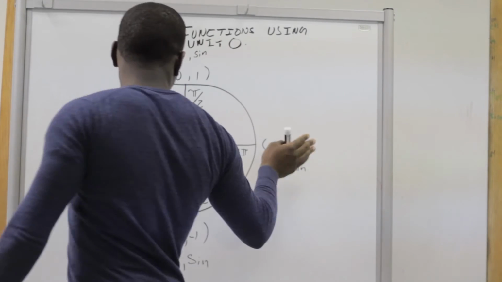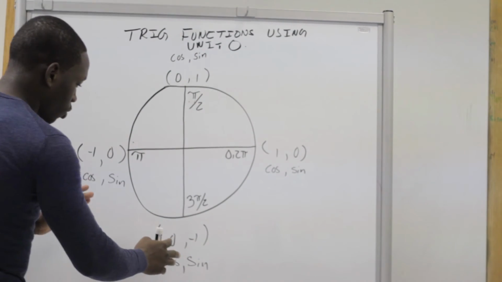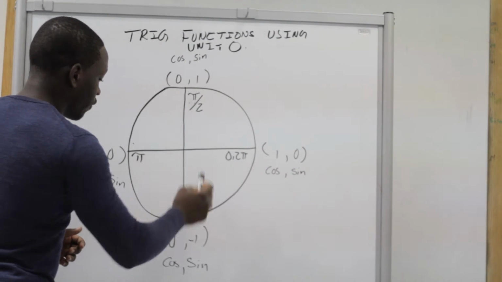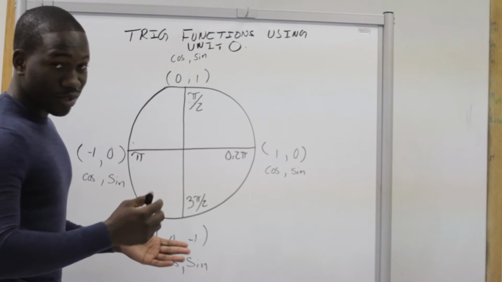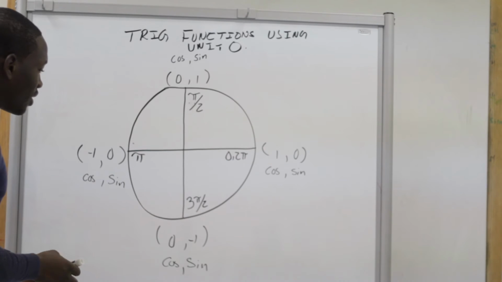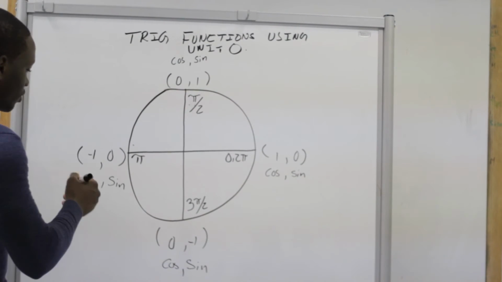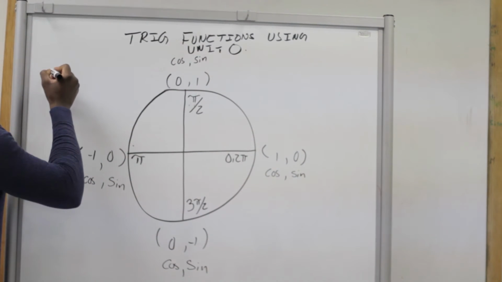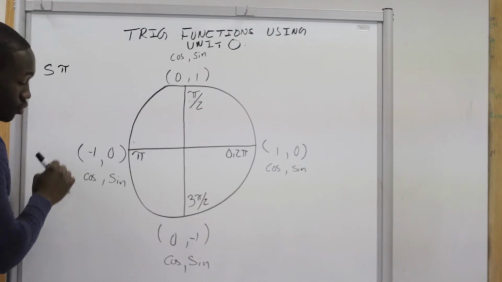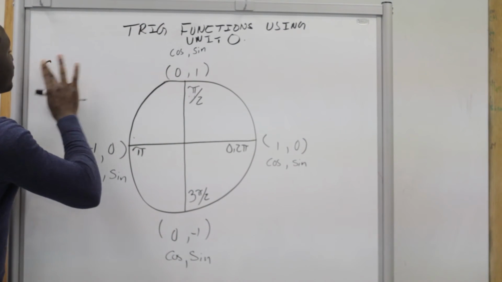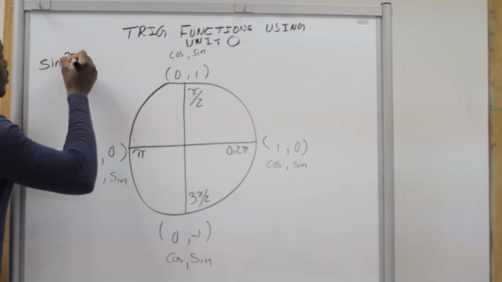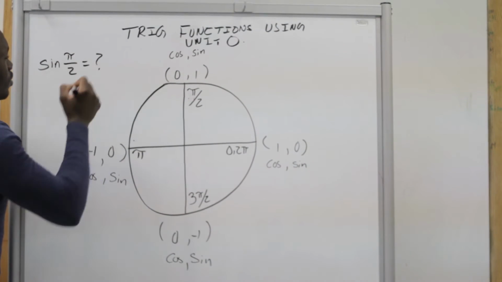So 1, 0, and 0, 1 right here, all of these are coordinates on the unit circle. Pi, 2 pi, pi over 2, 3 pi over 2 are values. Cosine and sine are how we come into play. Say you get a question on the test: sine pi over 2 is equal to what?